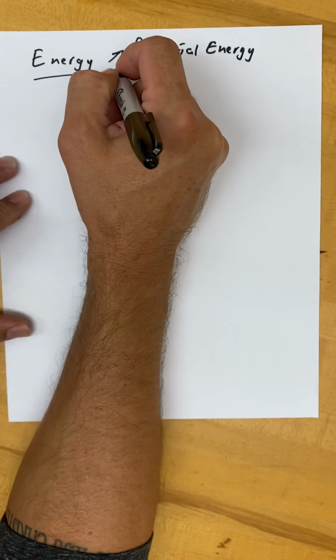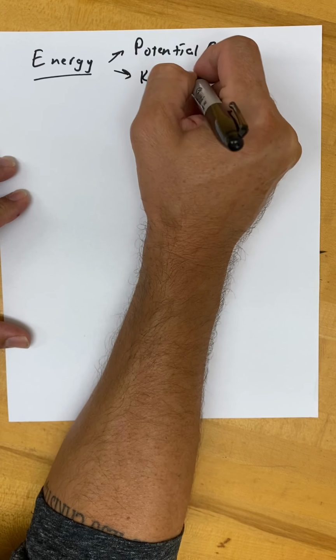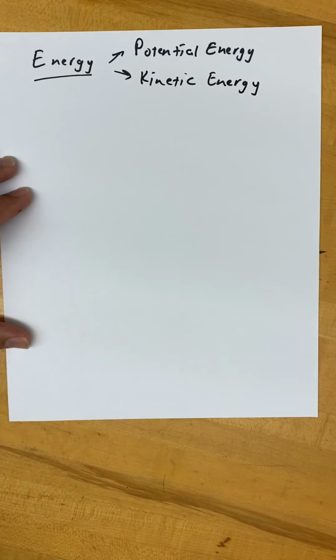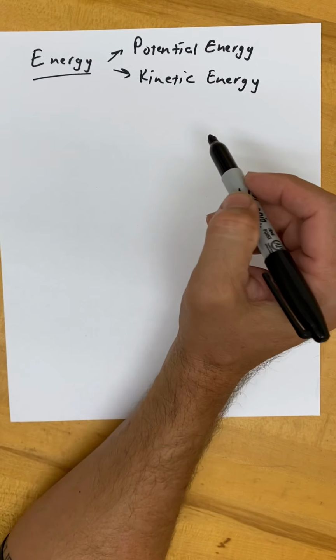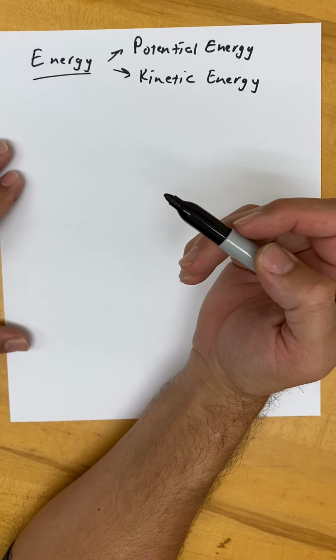We're going to talk about the other type of energy, energy of motion, usually called kinetic energy. So potential energy is energy that's stored. Kinetic energy is energy that's being used, basically, is a good way to think about that. Kinetic energy is the energy that something has by virtue of being in motion.